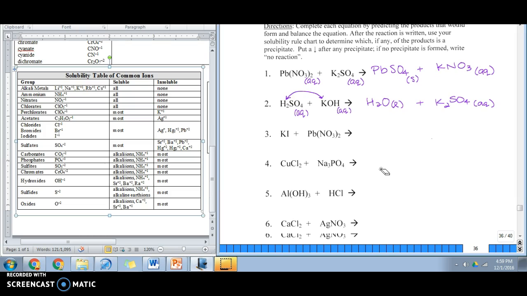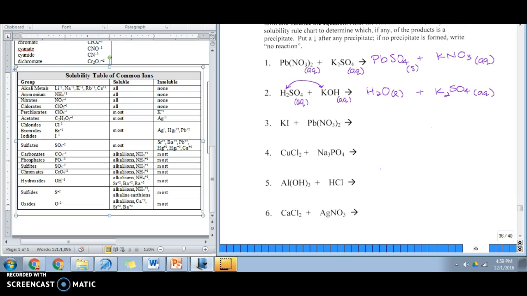We're going to skip down to number 4, where we have copper chloride, and this has to be copper 2 chloride because chlorine has a negative 1, there's 2 of them, and there's 1 copper. So copper must have a positive 2 charge. So again, we're going to swap the cations. Sodium and copper are going to switch partners.